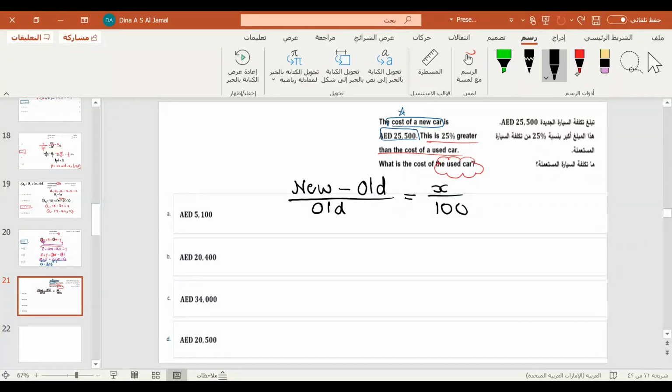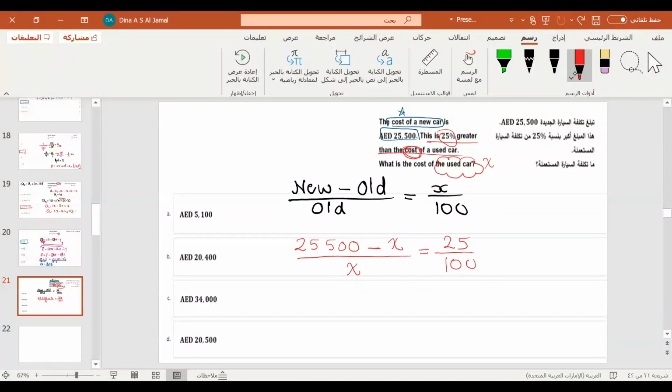And now what is the cost? 25,500 minus, I don't know what will be the cost of the used. I know only the new, over x. And now I know what will be the percentage. Is it 25 over 100?